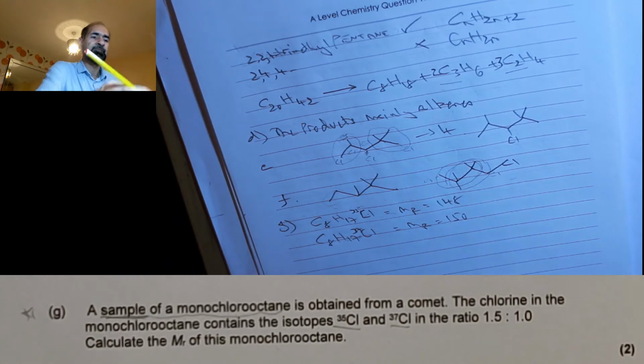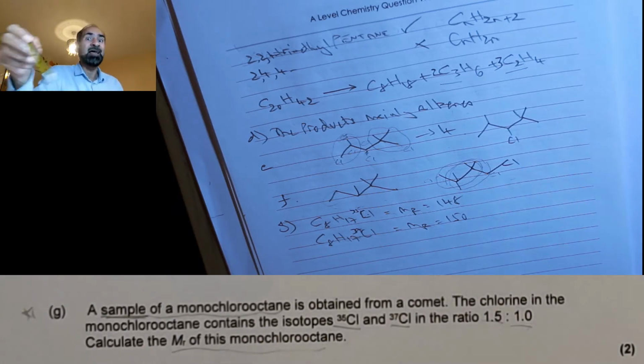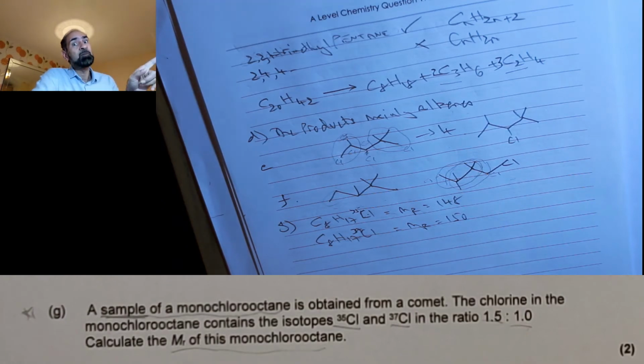150. And so now you've got the MR of each of the isotopes, and you've been told what ratio they exist in. So now you've got to work out the relative molecular mass. Calculate the MR of this monochlorooctane. For this, you need to go back to when you were doing mass spectrometry and you were given peaks of different isotopes and you had to work out the RAM. That's how you do this.